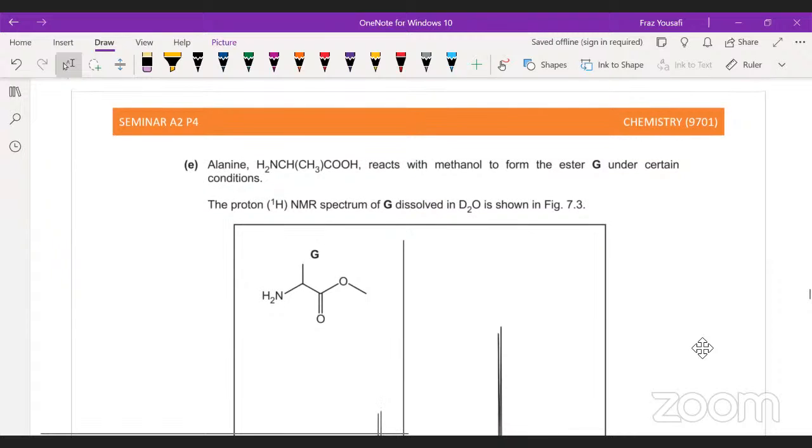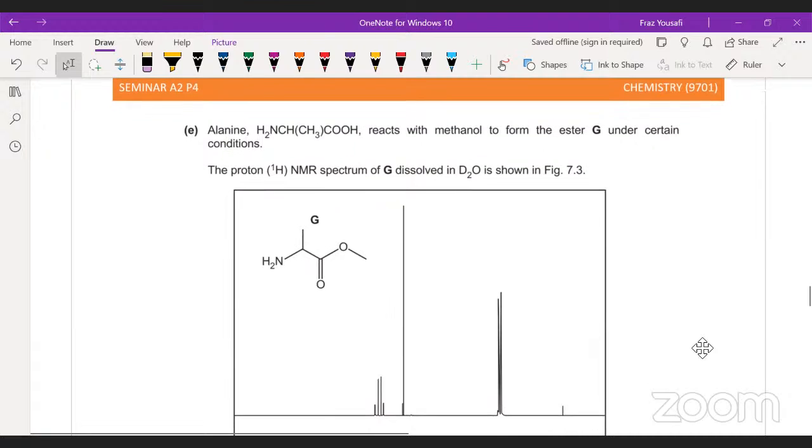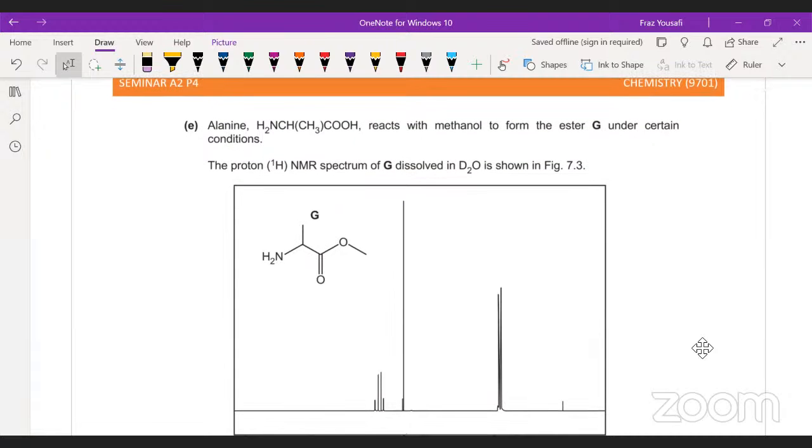So alanine, there it is, reacts with methanol to form the ester G under certain conditions. So they've shown how you, again, get the ester formation to be present. You've been given the proton and mass spectrum of G dissolved in D2O. Now, just the moment I see that idea of the D2O, I understand that this would be the proton that would disappear.